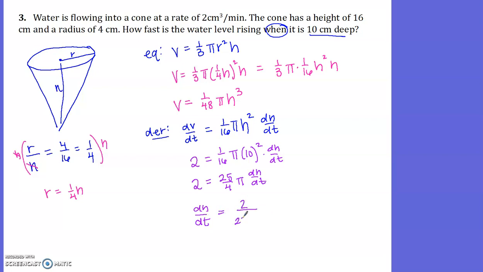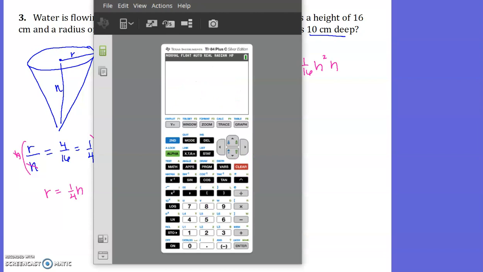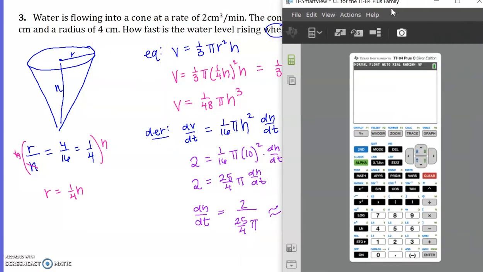divide by 25 pi. So you could simplify this. You could divide these and just leave the pi on the bottom. But usually when it's something weird like that, I don't leave it in terms of pi. I'm just going to type it in on the calculator.